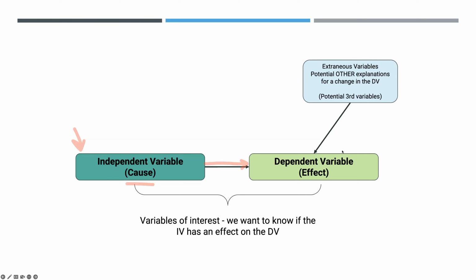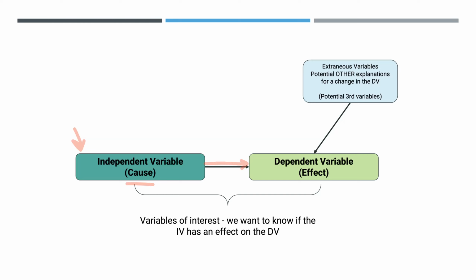These are potential third variables. We talked about this with correlational research, not knowing whether there's a third variable that could actually be the reason there's a relationship between our independent and our dependent variable.